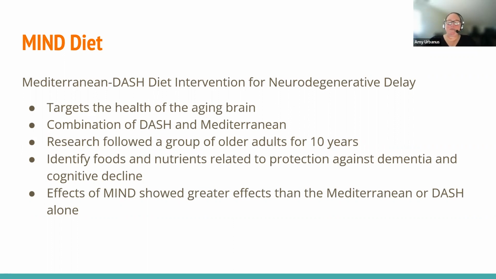But many of you have probably heard of the Mediterranean diet. Many of you may have heard of the DASH diet, which is dietary approaches to stopping hypertension. Both have been studied heavily, and we know that they're super, super effective. A Mediterranean diet speaks to eating the types of foods that you would find people living in the Mediterranean eat.